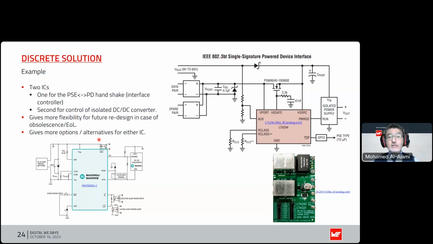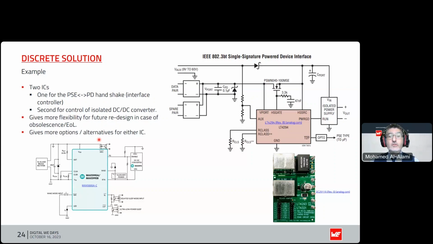This has great advantages because it gives you total flexibility in the design. And one of the things that I've seen, at least during the COVID era, with the shortages of semiconductors, is that this was something one of my customers wanted me to do an assessment for. And for me, it's a no-brainer. It's much better to use two separate ICs because of obsolescence.